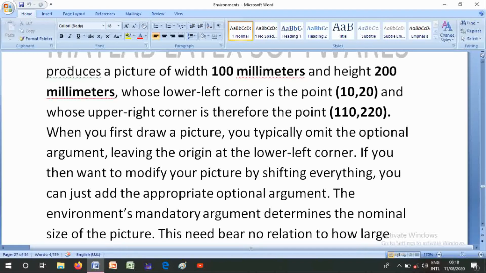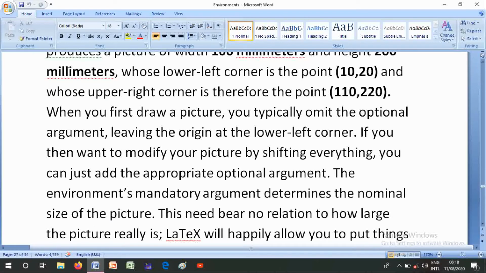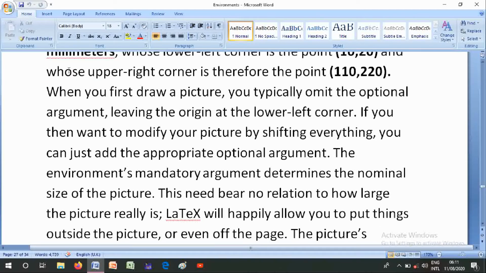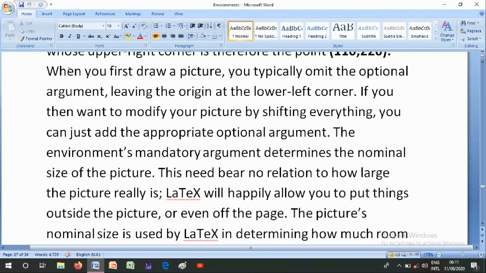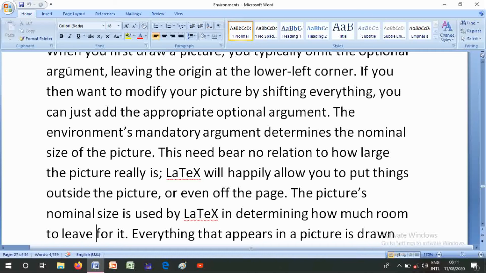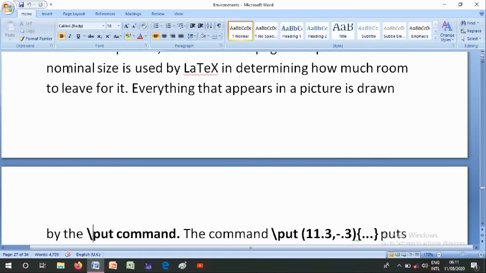This need bear no relation to how large the picture really is. LaTeX will happily allow you to put things outside the picture or even off the page. The picture's nominal size is used by LaTeX in determining how much room to leave for it.